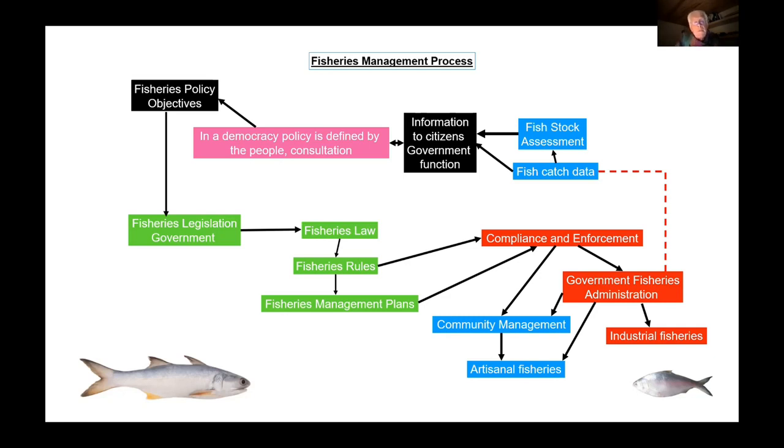Fisheries laws have infrequent passing periods, so fisheries rules accompany fisheries laws, and the rules can be modified by the Fisheries Administration depending on how circumstances change. And they also are required to make fisheries management plans, which specify how each fishery is managed on an annual or other periodic basis.